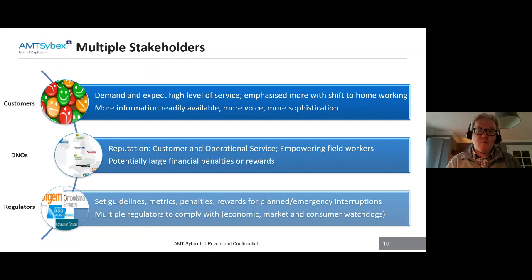And from a DNO's point of view, as I say, there are large financial penalties, but also large incentives or rewards as well. And the regulators or other stakeholders are monitoring how long the interruptions have occurred and how many people are affected, and that goes towards complying with different watchdog demands.